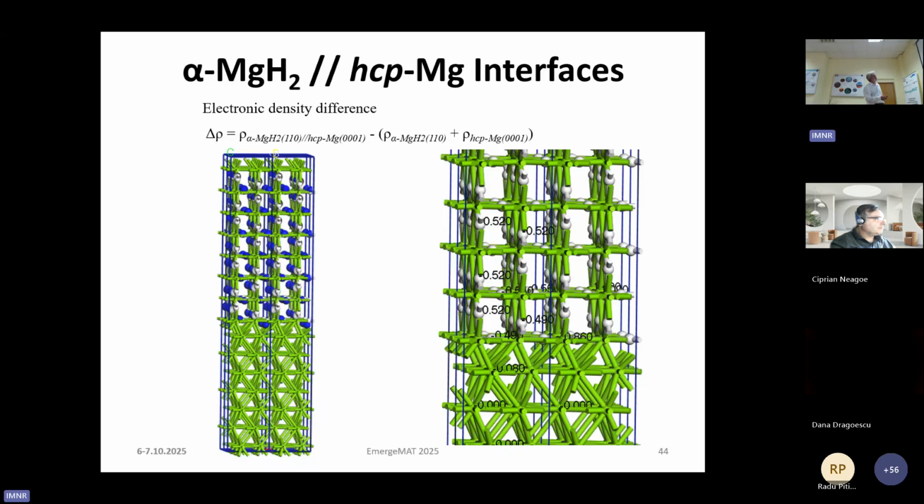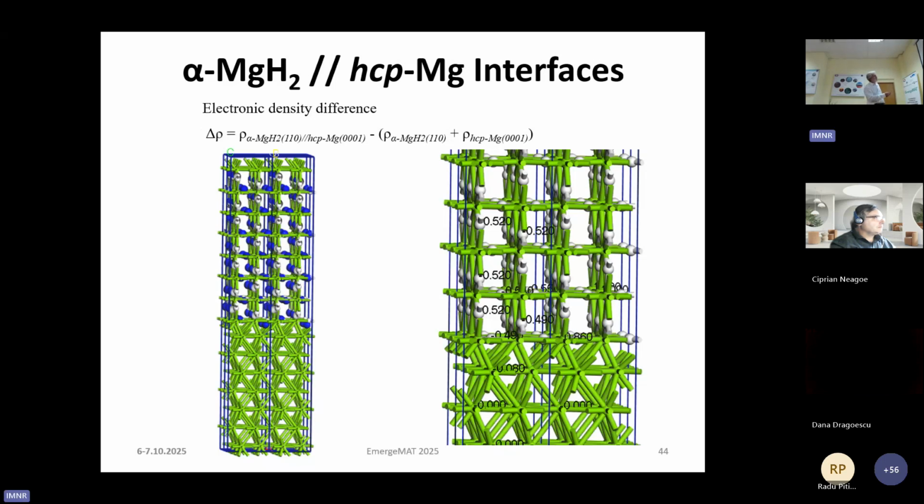You see also here the charges. Here the charges are 0 in the bulk of magnesium. At the interface they start to be negative, 0.08. And in contact with the hydride it is 0.9.